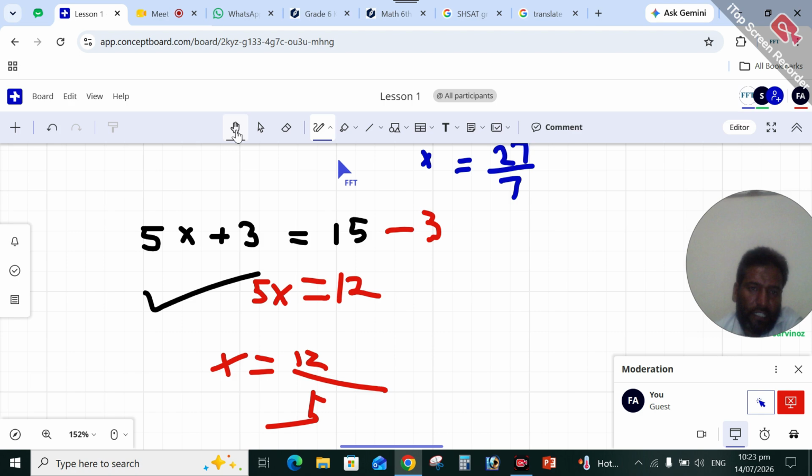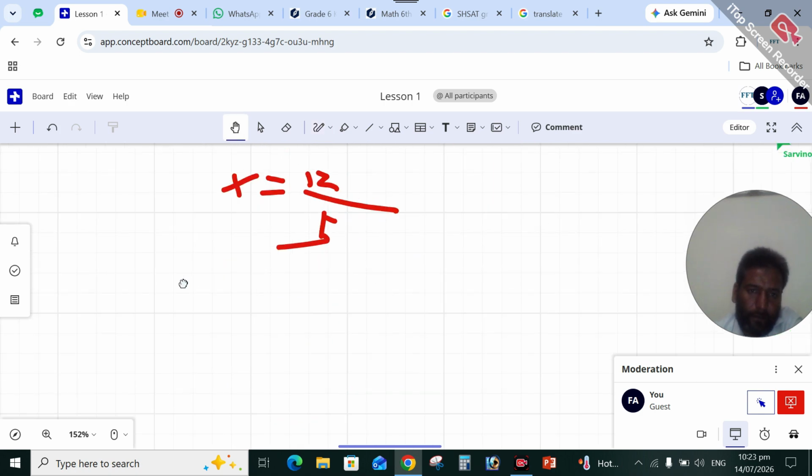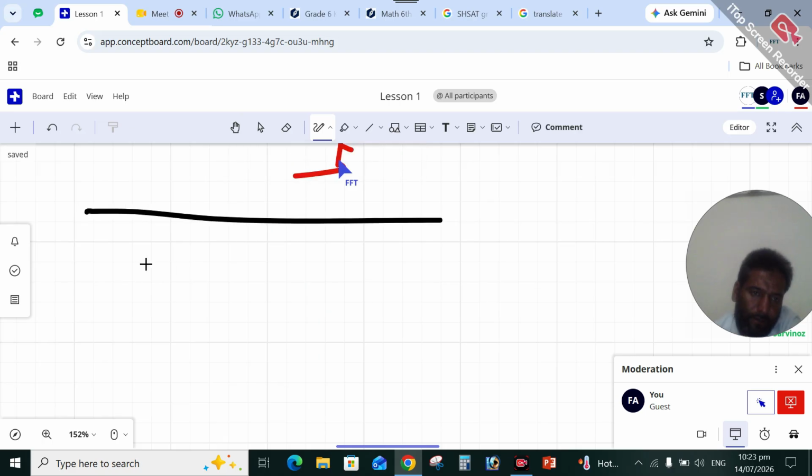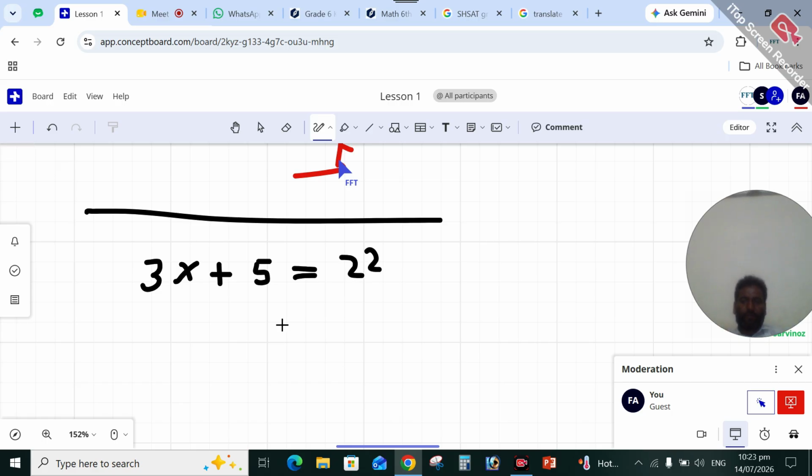Okay, let me give you the next question. Like, this is 3x plus 5 is equal to 22. What would be the answer of this question?